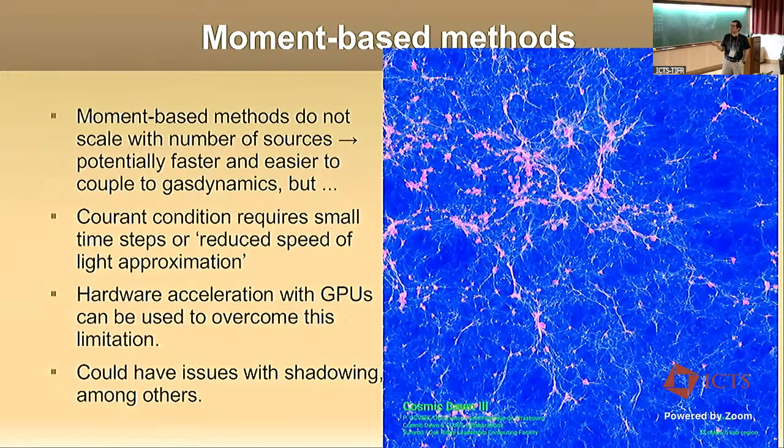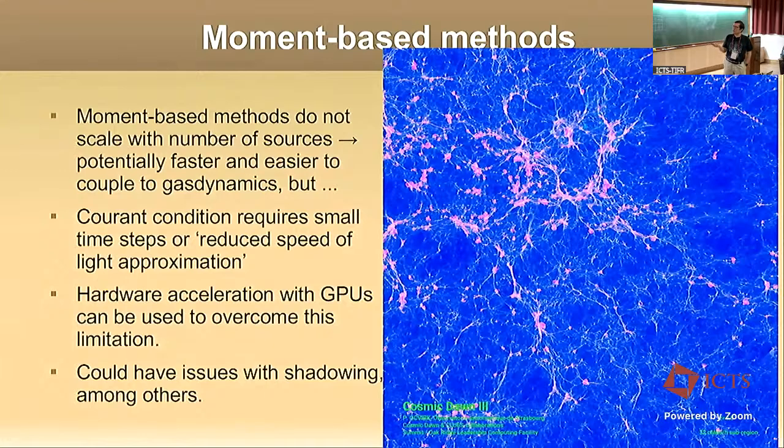So there are two ways to solve it. Either you say, okay, let's assume light actually doesn't go that fast, which, as you can imagine, is a little bit shaky physically as an approximation, but it works as long as you are aware of the pitfalls. It has some issues, but overall can be made to work.